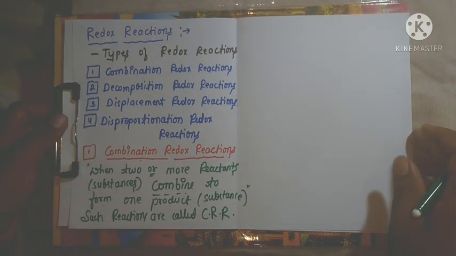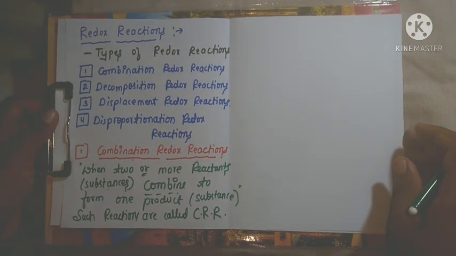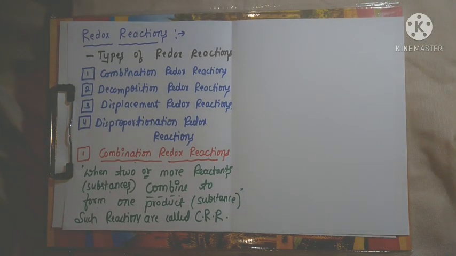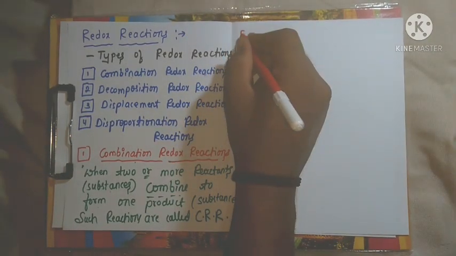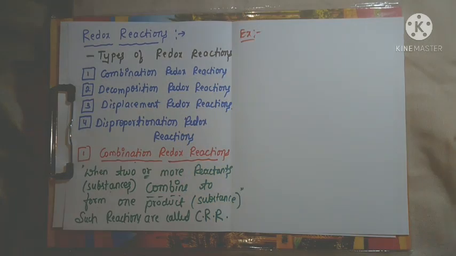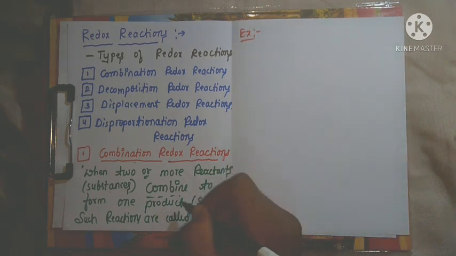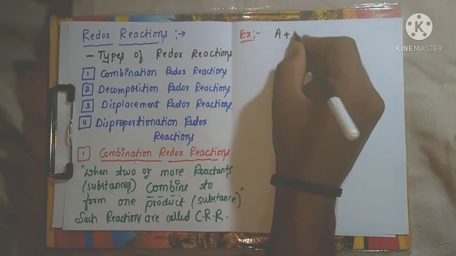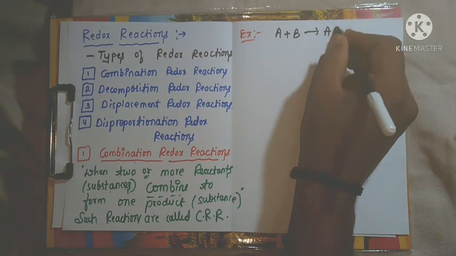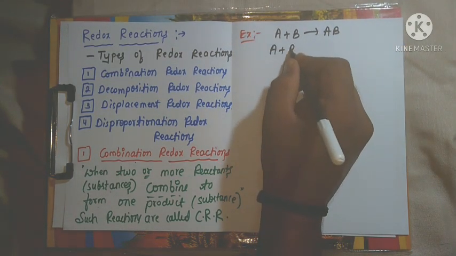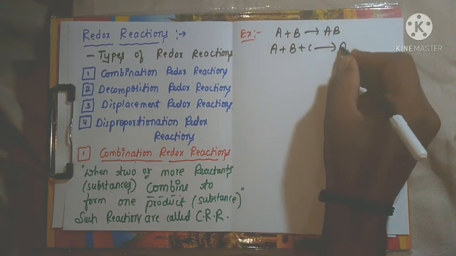Now we will take particular examples. Up to now we have discussed the general example. Now we will discuss particular examples for combination redox reaction. First example, the general example is A plus B gives AB, or A plus B plus C gives ABC.